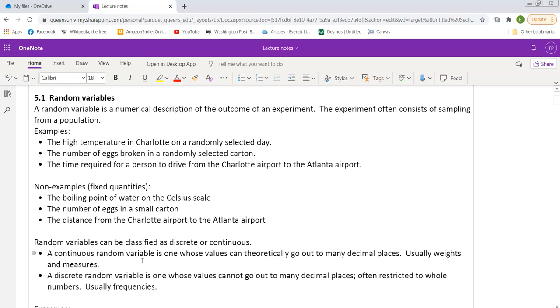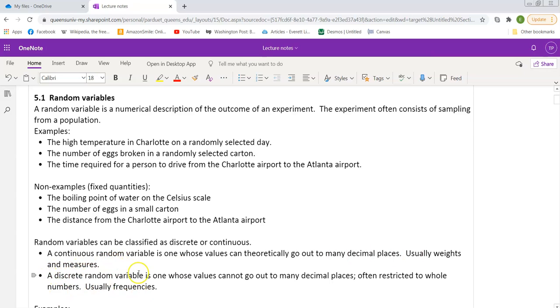So if you had a scale that could measure something to a degree of accuracy of 100 decimal places, in theory, a weight would go out that far, or farther if you had an accurate enough scale. So anytime you see a weight or a measure, and that includes time, that's going to be continuous.